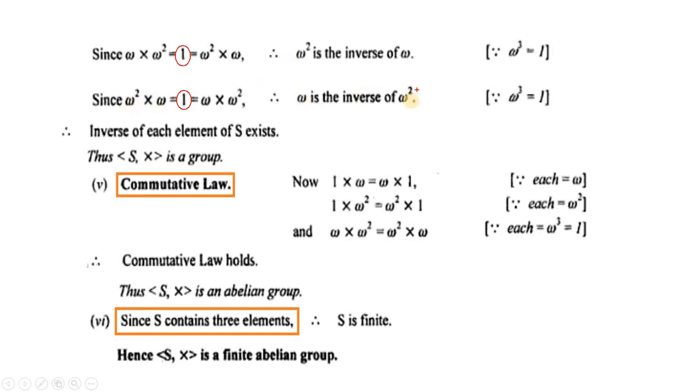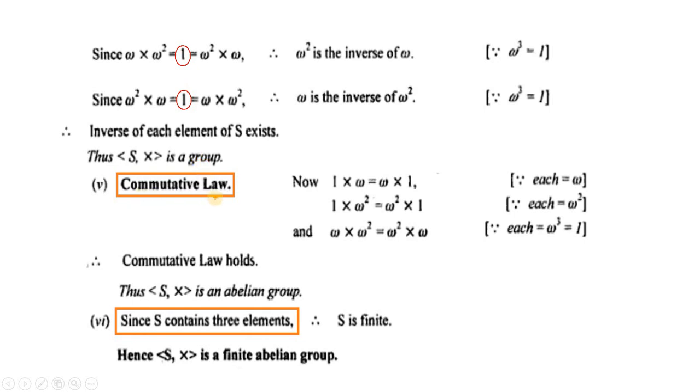Omega is the inverse of omega square. तो ये दोनों प्रॉपर्टी, these two properties show that omega and omega square are multiplicative inverses of each other. तो इन दोनों प्रॉपर्टीज में से अगर कोई एक प्रॉपर्टी हम लिख लें तो हम कह सकते हैं कि omega and omega square both are inverses of each other. तो 4 प्रॉपर्टीज हमारे पास सेटिस्फाई हो गई. Thus, the algebraic structure S together with multiplication is a group.